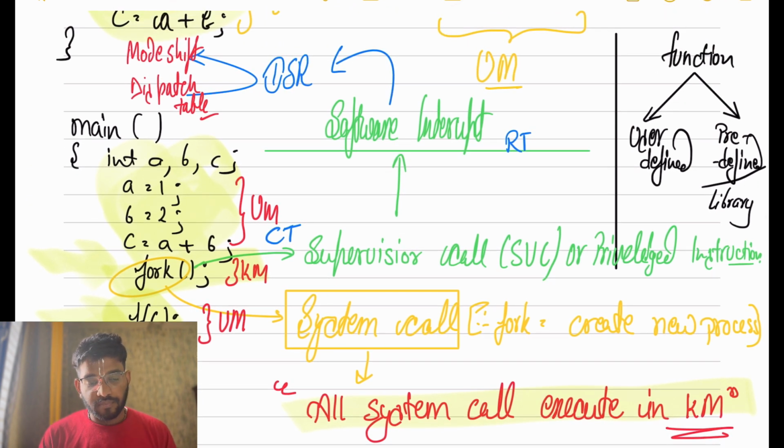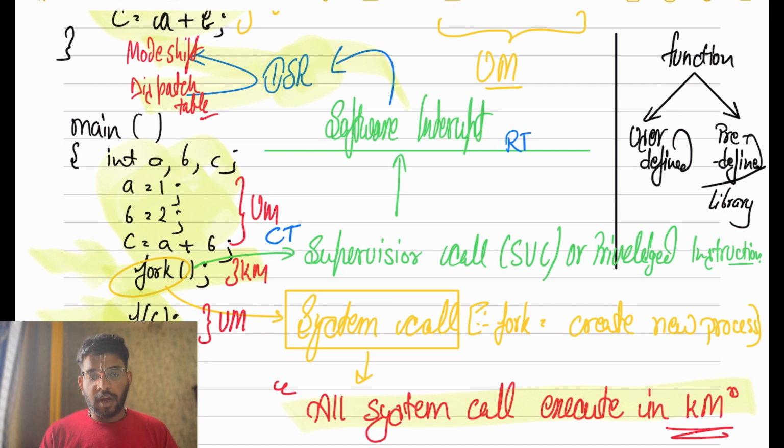So, software interrupts. Fork is a privileged instruction, and some privileged instructions generate software interrupts, and software interrupts are serviced by an ISR, interrupt service routine, which has two things: mode shifting and a dispatch table.